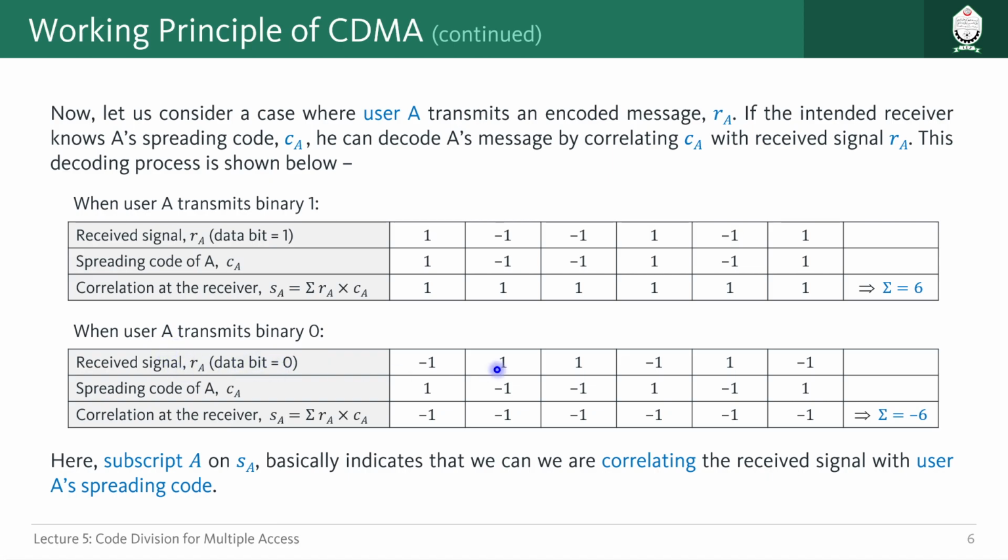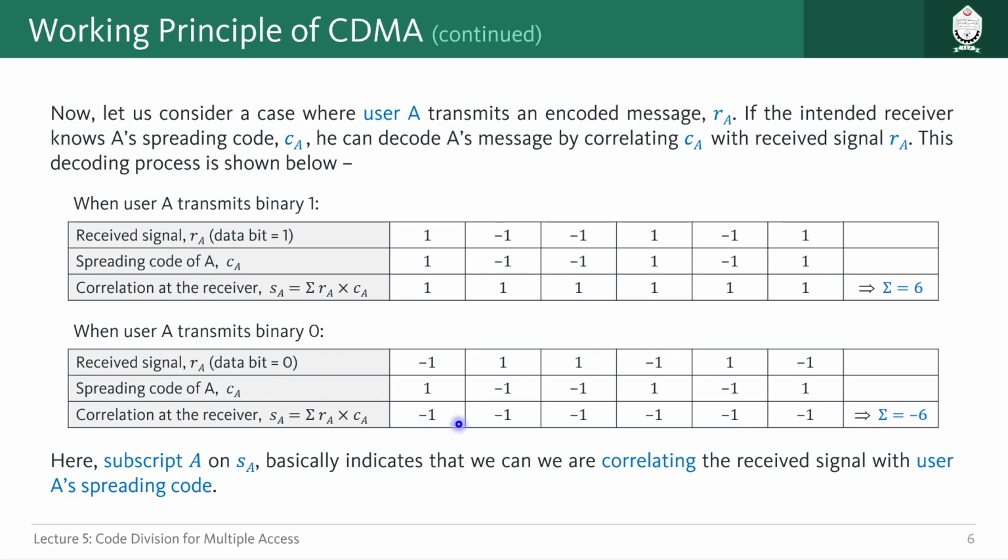So user A transmitted this signal, and to decode that again at the receiver, what we will do, we are going to use the exact spreading sequence of user A, C of A, to decode that signal. So we are taking this one, then correlation of C of A with R of A should be done. That is done here. So minus 1 multiplied with 1 is equal to minus 1, 1 multiplied with minus 1 is equal to minus 1. So in this way all the values are multiplied, then taking the whole summation here, we are getting minus 6.